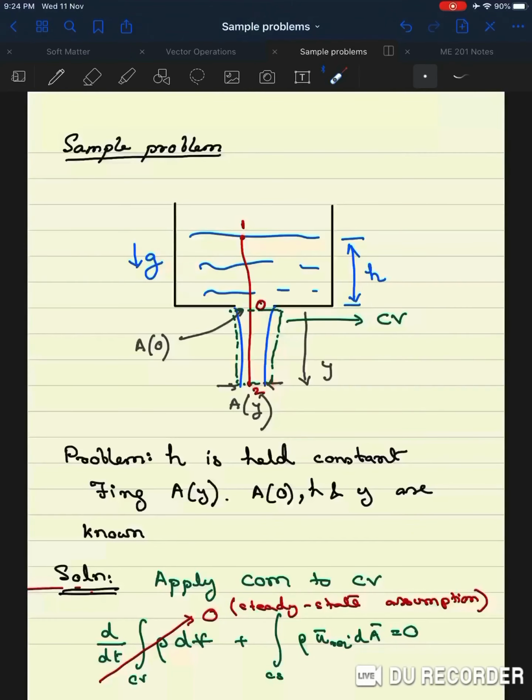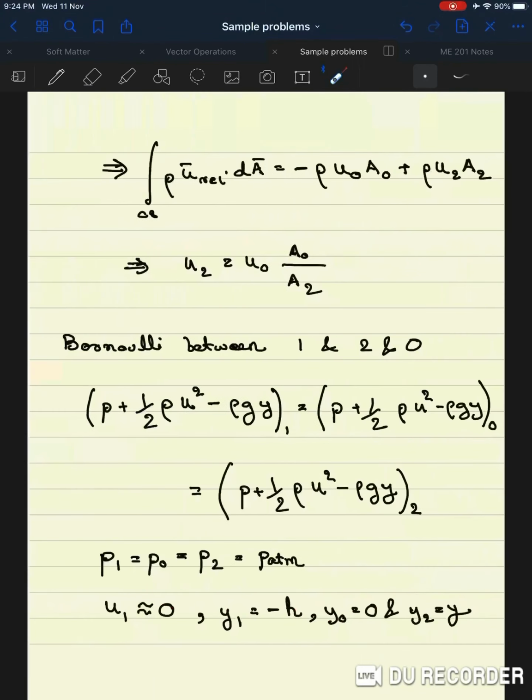So the pressure is equalized with the atmosphere, and similarly at 0, which is just outside of this orifice. Okay. So using that, U1 is almost 0, Y1 is minus H, Y0 is 0, Y2 is H.